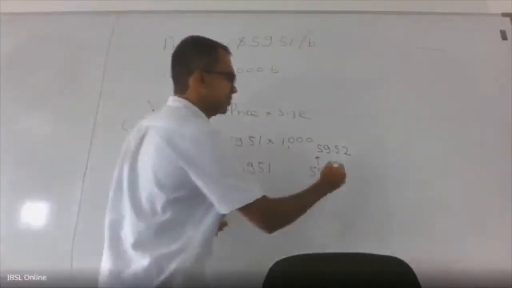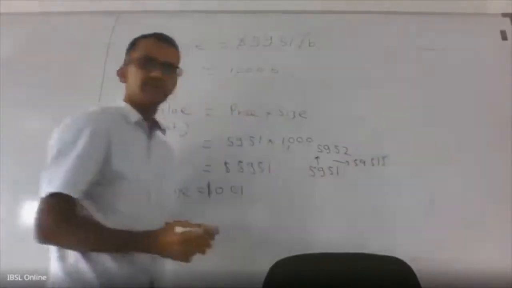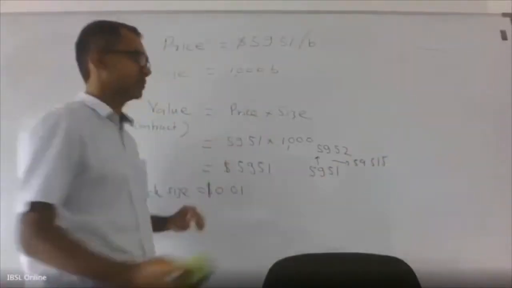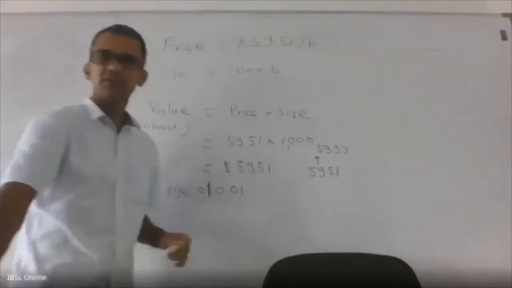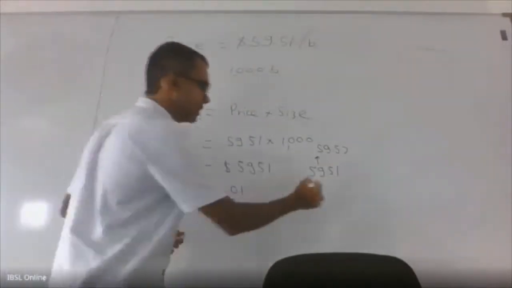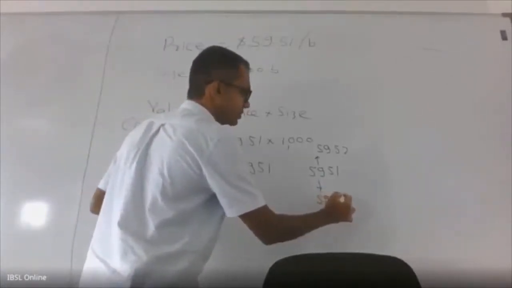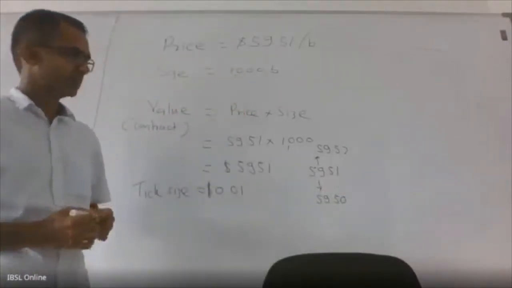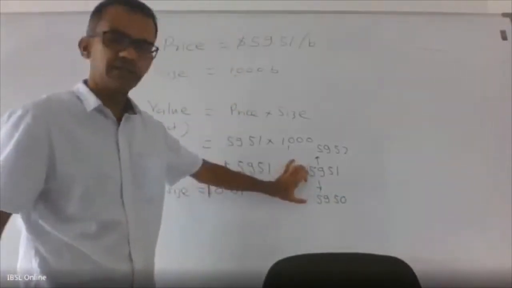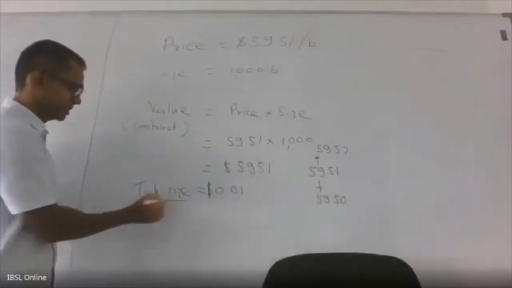That means you cannot have something like 59.515, third decimal place prices. It's not allowed. The price should change at least by 1 cent. If it goes down, the minimum it should be is 59.50. The price cannot be in between. That's the minimum change. We call it tick size.